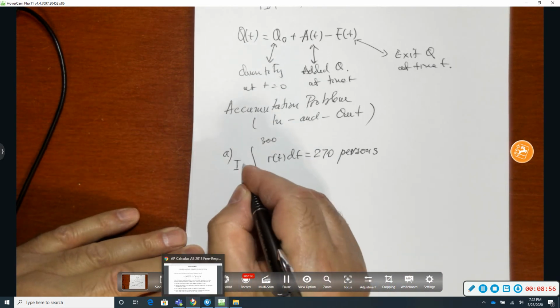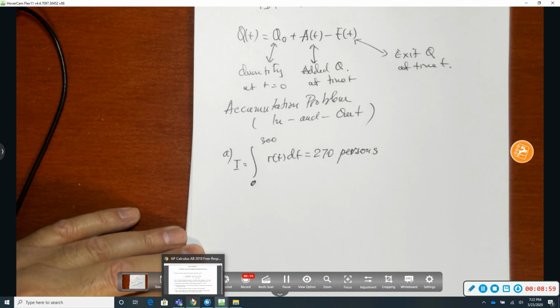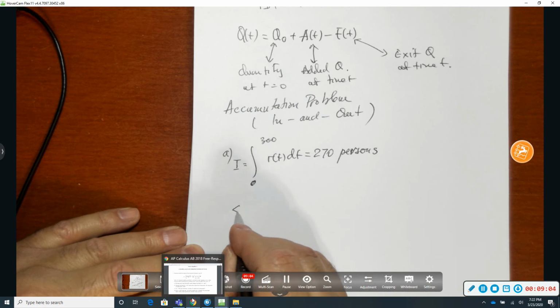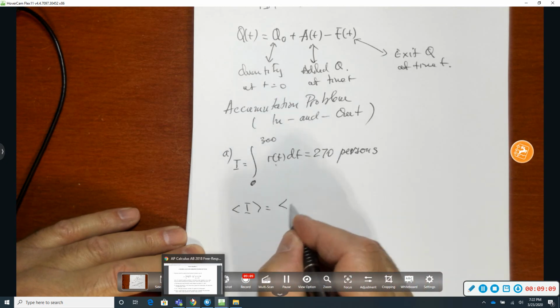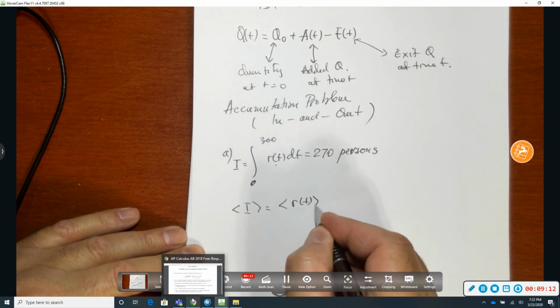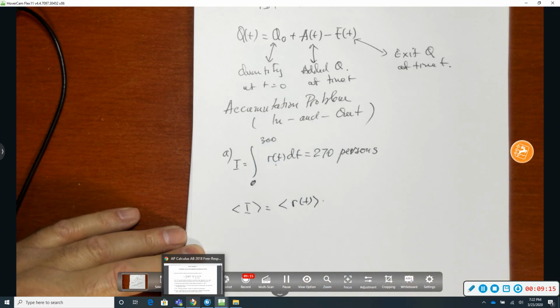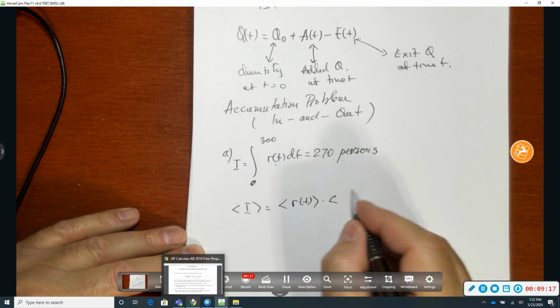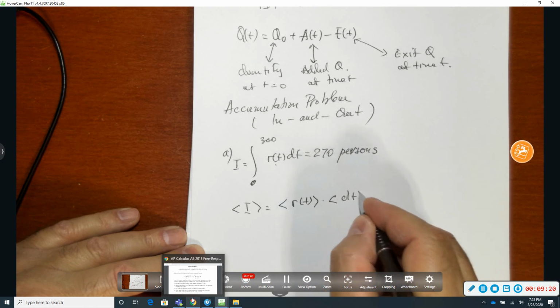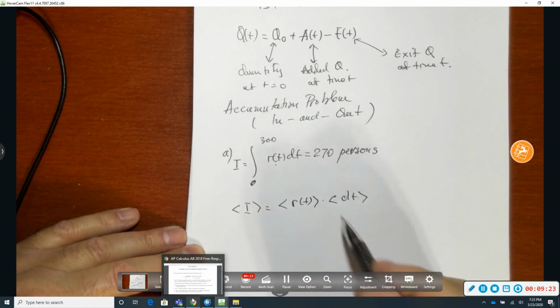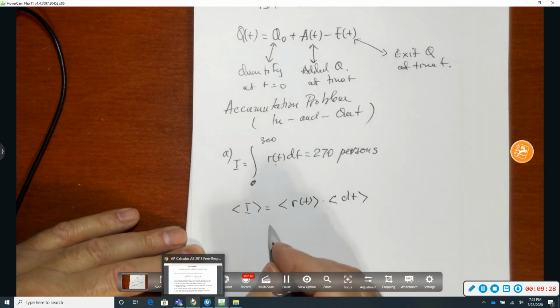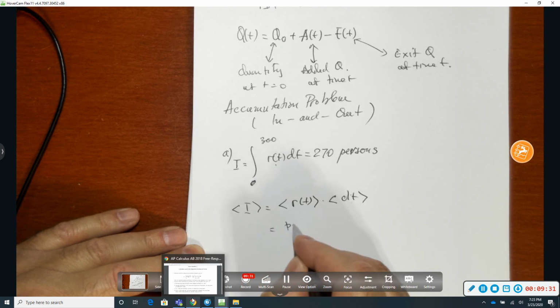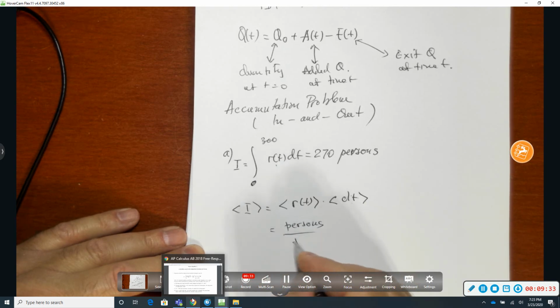So let me label I the quantity I should get out of this integral, in this case, 270. So I will say the units for I would be given by the units for R of t, times the units of dt. Somehow, like in science, many times you play with this type of relationship. Well, dt is the difference in time, so delta t, it's measured in seconds. And R of t, in our problem, we've seen was measured in persons per second.